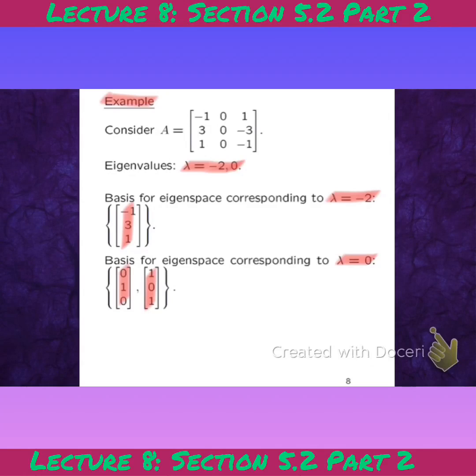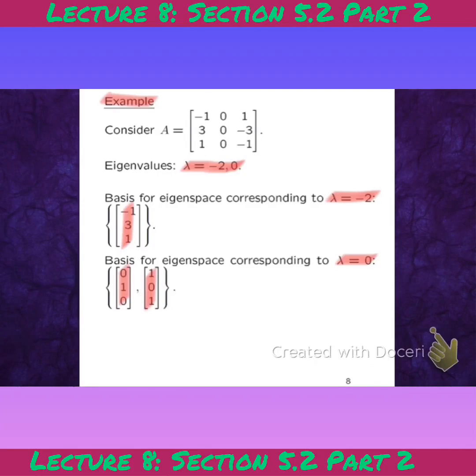Now, if we throw these 3 vectors together, according to my previous theorem, that's going to be a linearly independent set. So this matrix has got a set of 3 linearly independent eigenvectors, right?